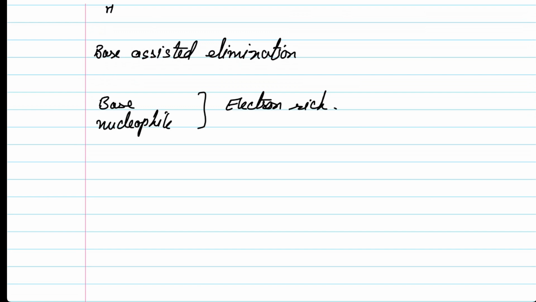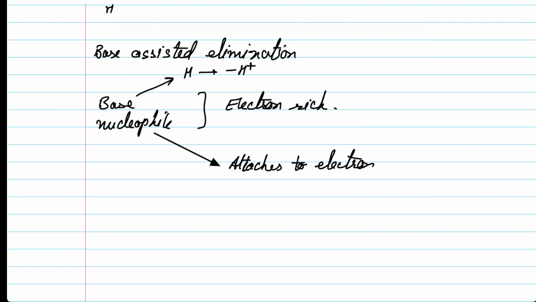A base is a species which attacks on hydrogen and eliminates H+, whereas a nucleophile is a species which attacks on any electron deficient position other than hydrogen and attaches to it.